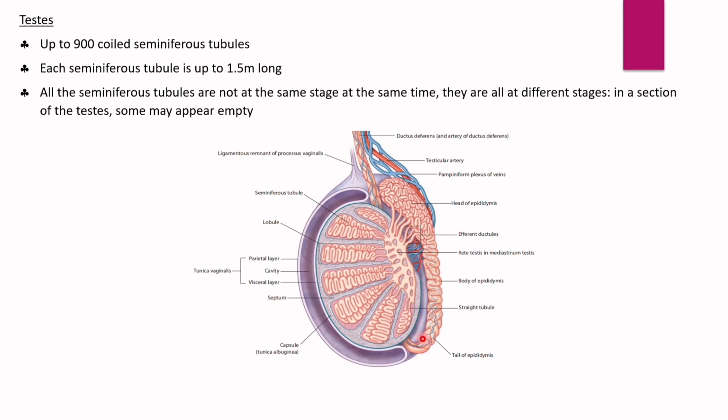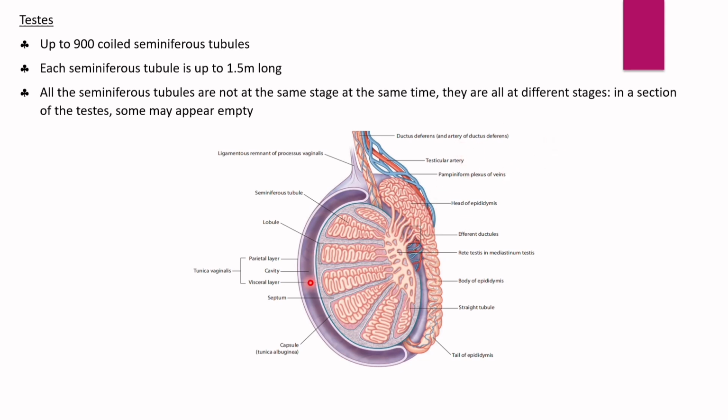The vas deferens also is a muscular tube which transports the sperm into the urethra, via connecting with the accessory gland which I showed you, the seminal vesicle.